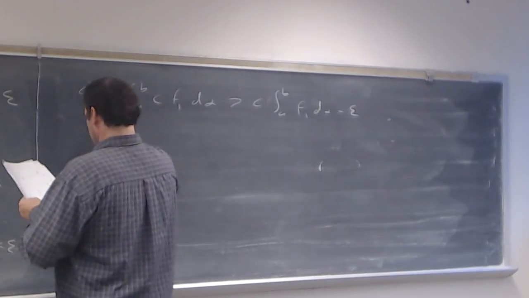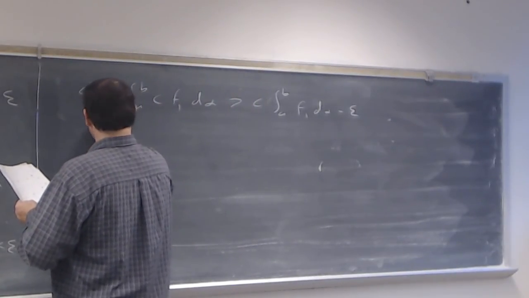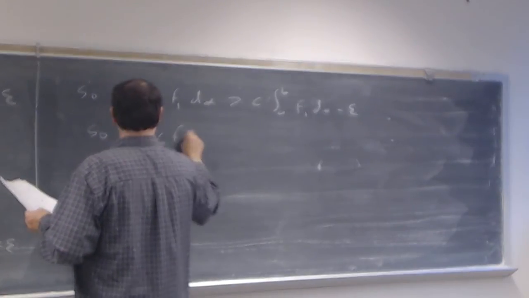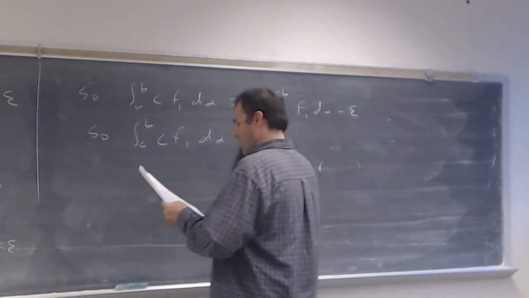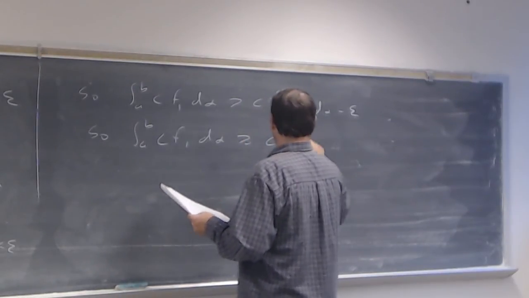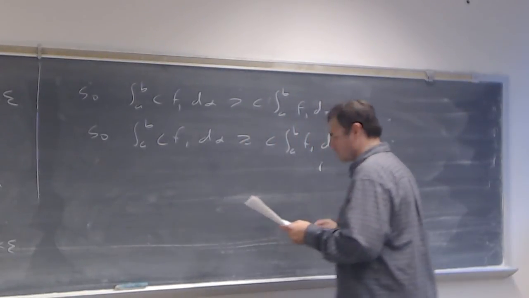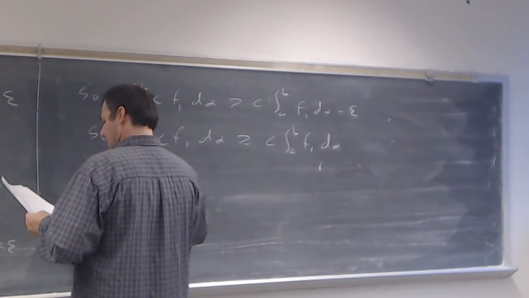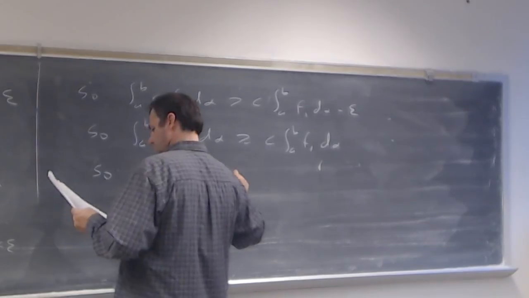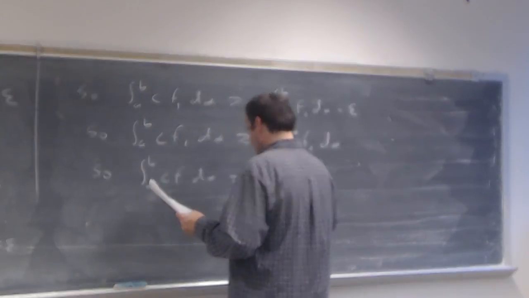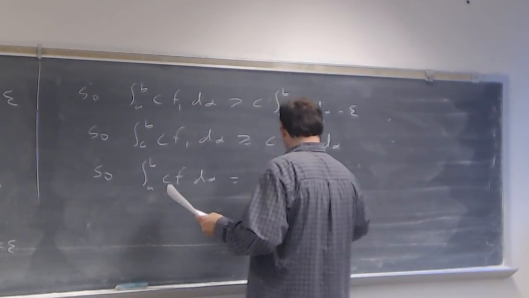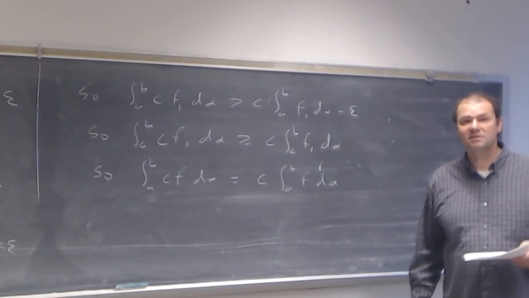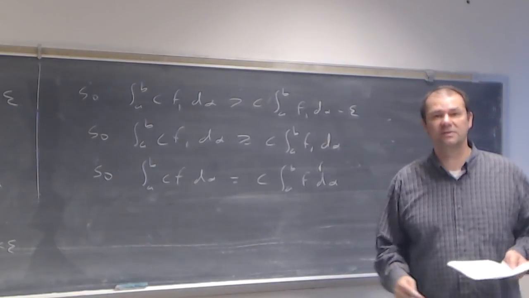And so since epsilon was arbitrary and positive, that gives us that the integral from a to b of cf sub 1 d alpha will be greater than or equal to c times the integral from a to b of f sub 1 d alpha. And so the integral from a to b of cf d alpha is equal to c times the integral from a to b of f d alpha in this case. What was this case? This case is when c was greater than 0.